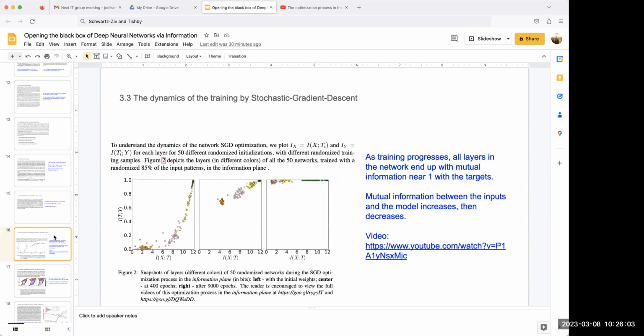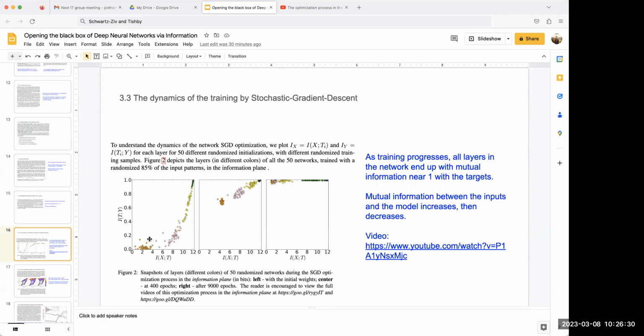So here's the first result that they have, which these 3 plots show 3 different snapshots of the model training. So these are 3 different snapshots of epochs through the model training, where I think it's the initial weights, and then after 400 epochs and 9,000 epochs. So what's going on here is that the information at each layer, let me back up.